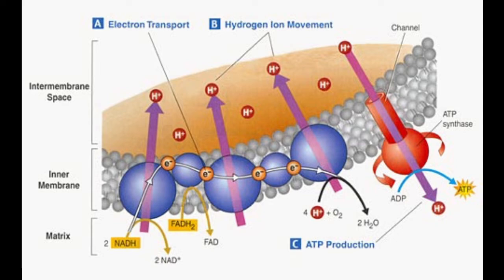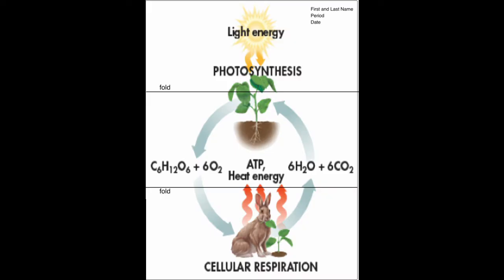The hydrogens will then go down their electrochemical gradient through ATP synthase, which converts ADP into ATP, and be released back into the matrix. The total ATP produced in the electron transport chain is 32 molecules, making cellular respiration produce a total of 36 ATP molecules per glucose.